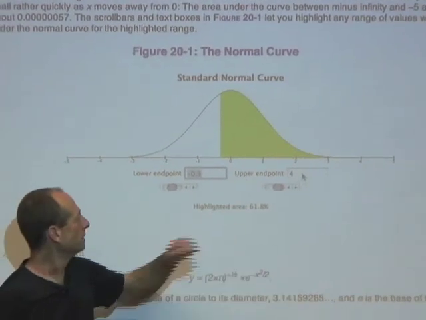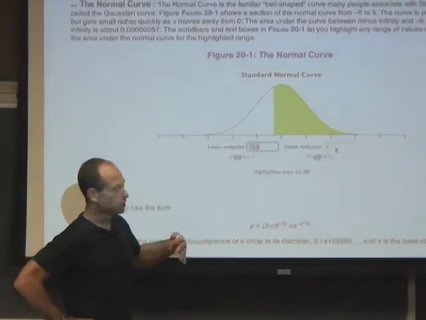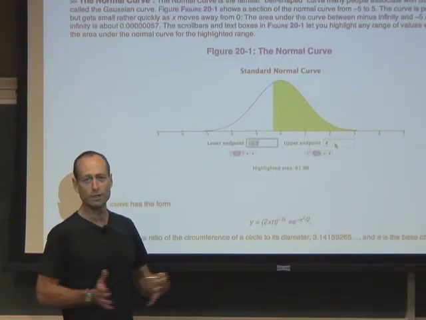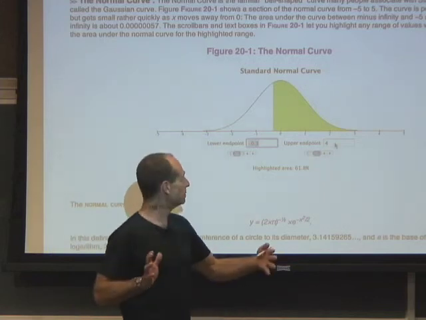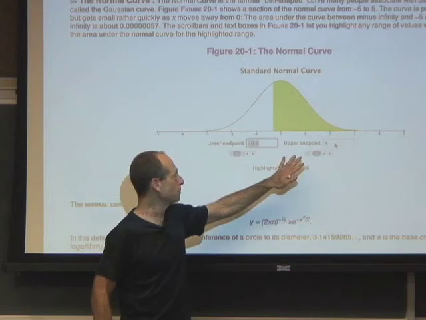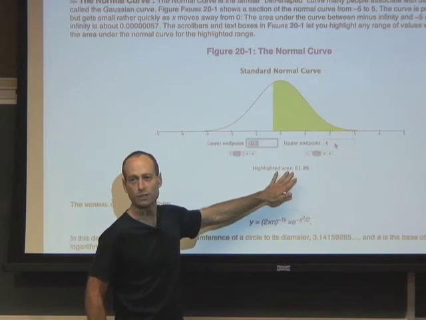So if we were looking at the distribution of the sample sum of a bunch of draws from a box of numbers, and we wanted to know what's the chance that that sample sum is between minus 0.3 and 4 after you convert to standard units, that probability would be approximately 61.8%.